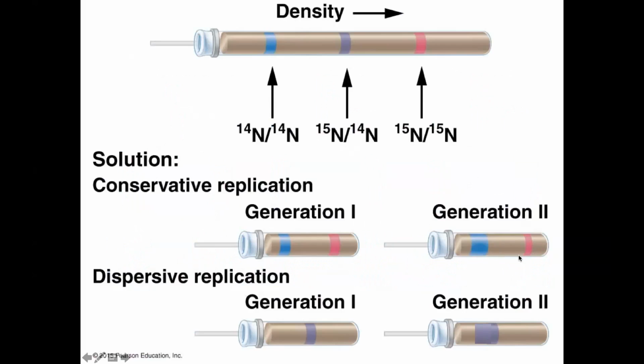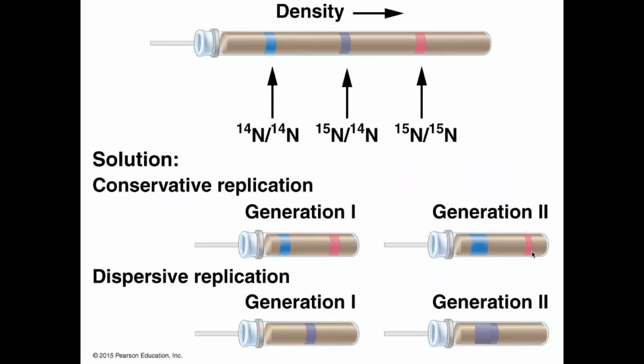But now, here the distribution is 50-50. Here it would be 75-25. 75% of the DNA is fully N14 labeled, and 25% is fully N15 labeled. Okay? So a different prediction from conservative replication relative to semi-conservative.